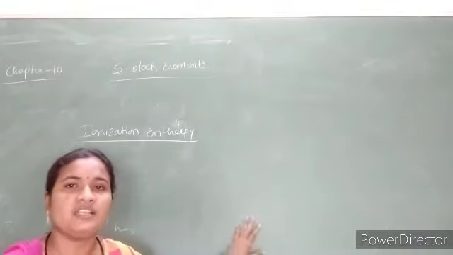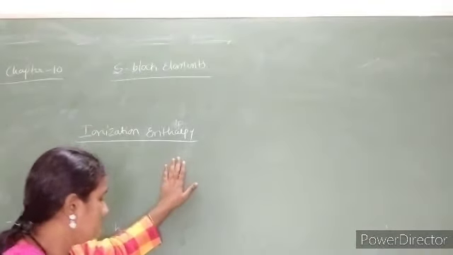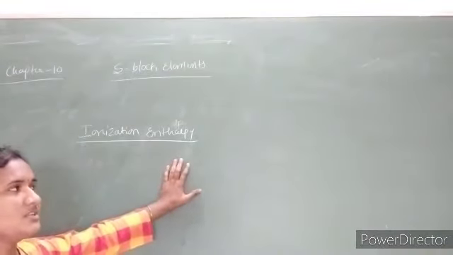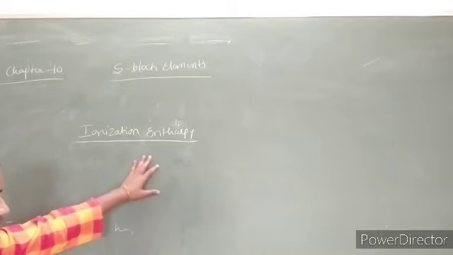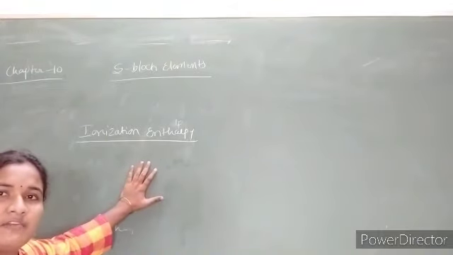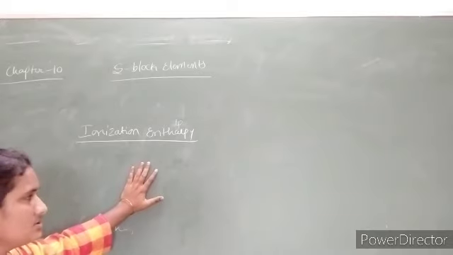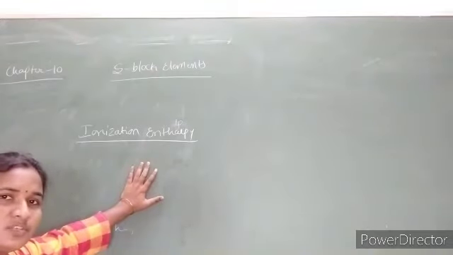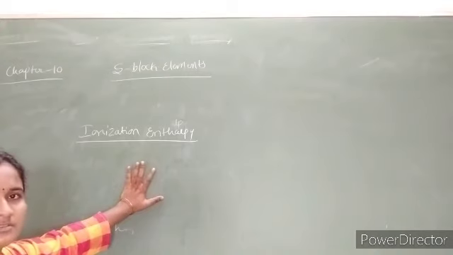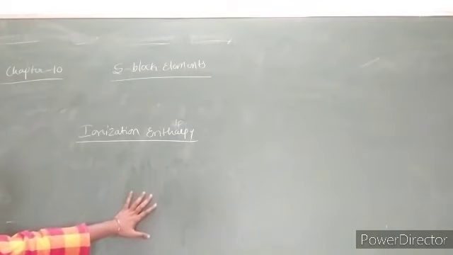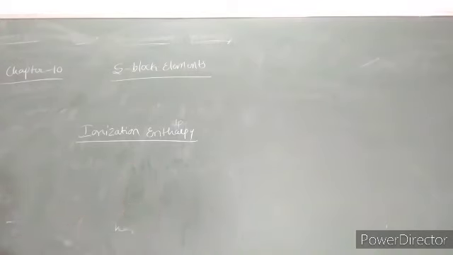Here, the valence electron in alkali metals enters the s orbital, so it is loosely bound. Since it is very easy to remove those electrons, the alkali metals have considerably low ionization enthalpy, and it decreases down the group.